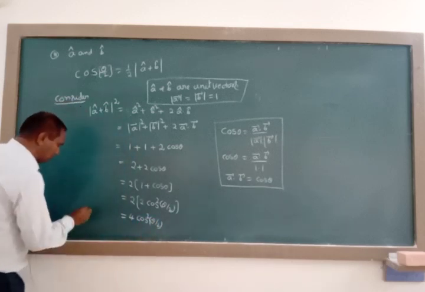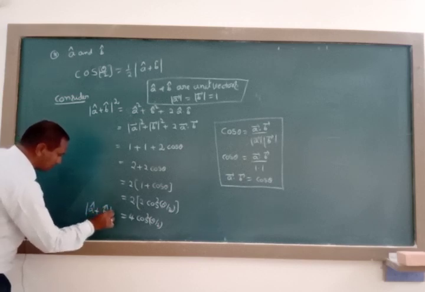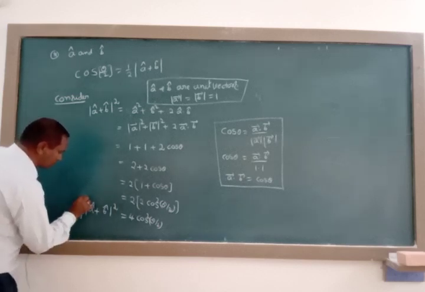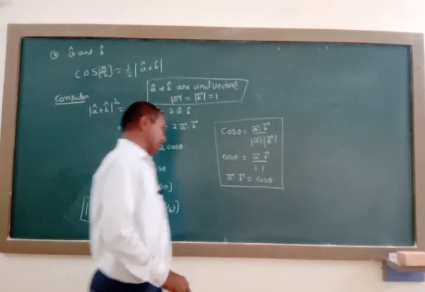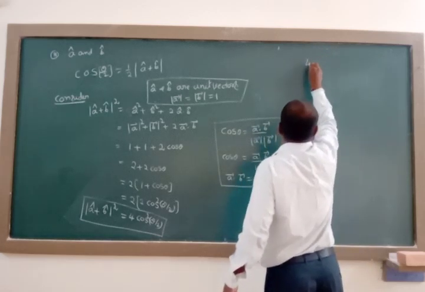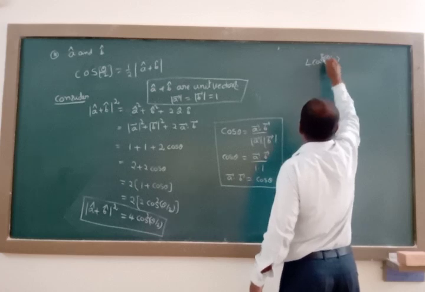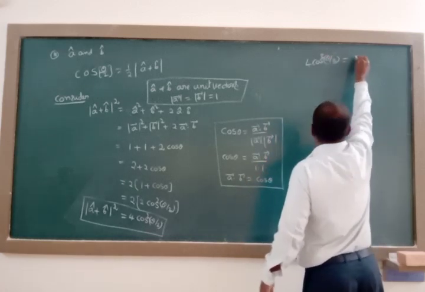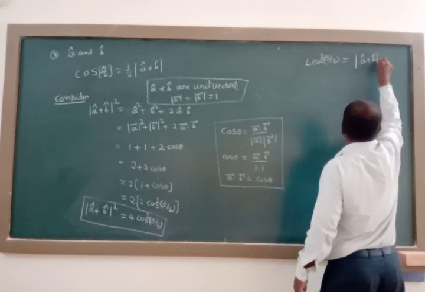Therefore, modulus of a cap plus b cap whole square is equal to 4 cos square theta by 2 here. Or we can take 4 cos square theta by 2 is equal to magnitude of a cap plus b cap whole square.